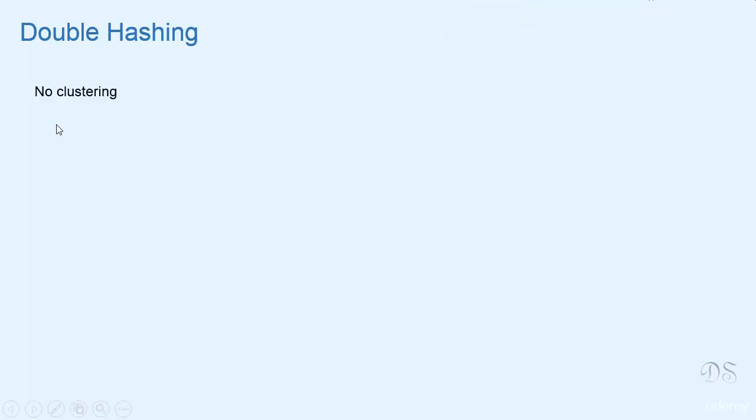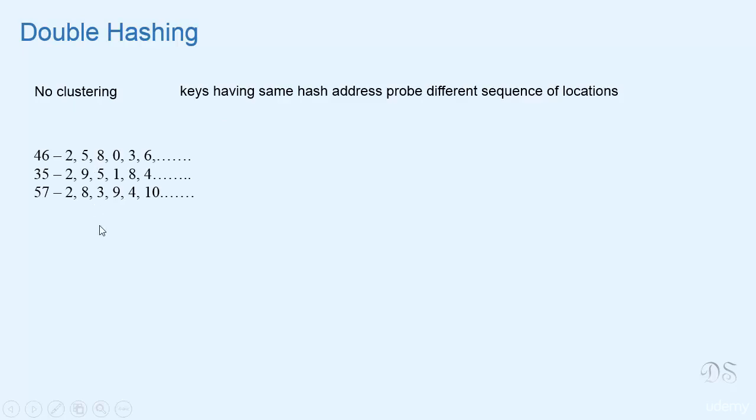Now in double hashing, there is no problem of primary or secondary clustering. This is because the keys that have the same initial hash address probe different sequences of locations. For example, these keys 46, 35 and 57 all are mapped to the same hash address 2 by the primary hash function, but the probe sequences are different.